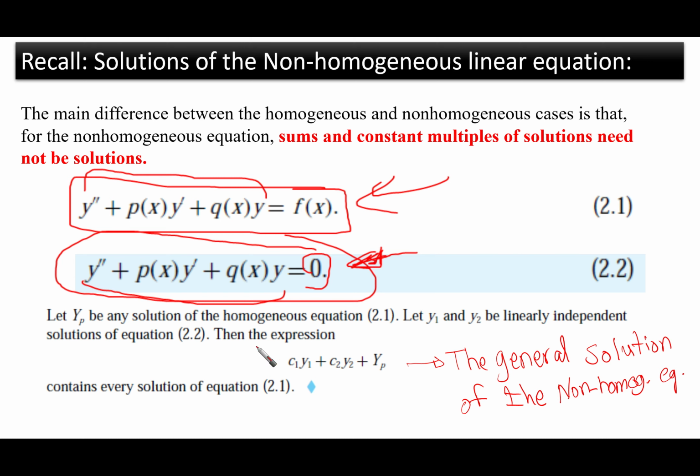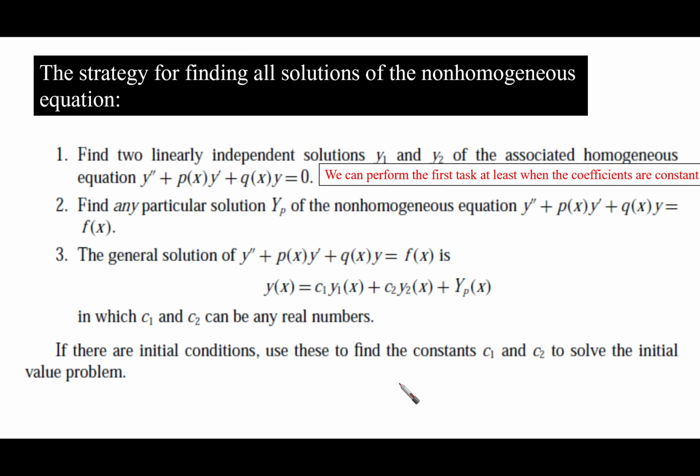And after that, after having y1 and y2, we are going to put it as part of the general solution of the non-homogeneous equation. And the remaining part is going to be the particular solution of the non-homogeneous equation, which we are going to obtain by using some method. This method, we call it the variation of parameters.